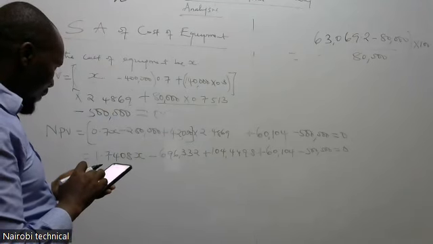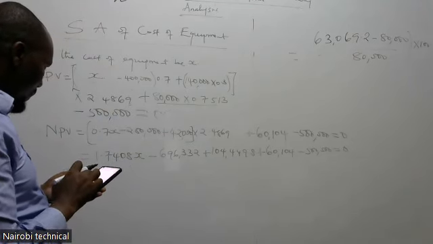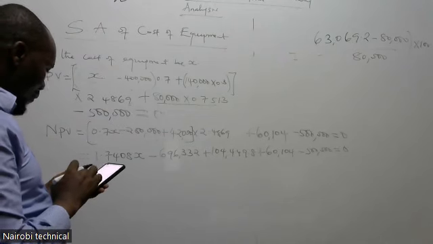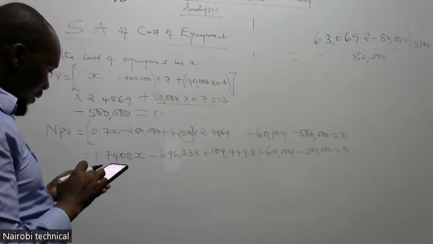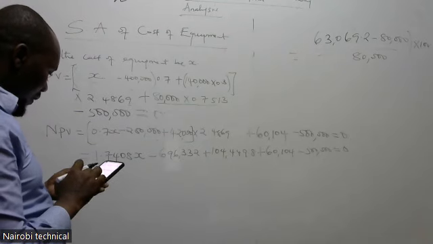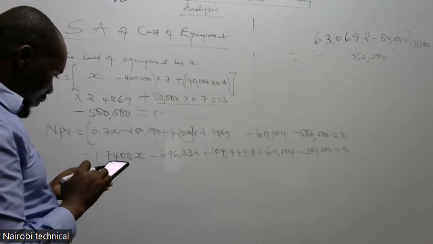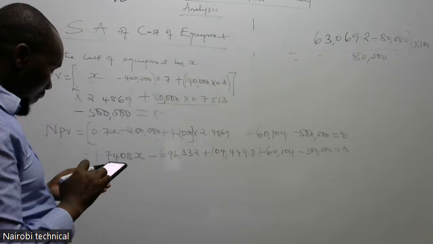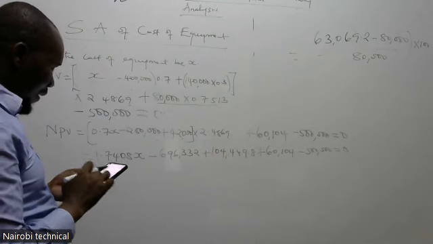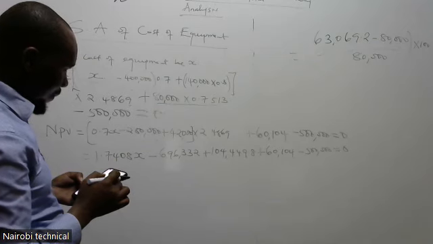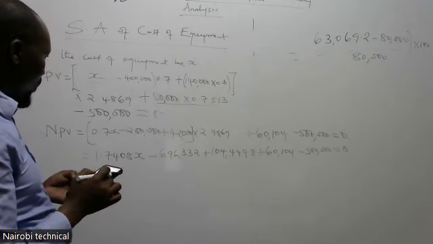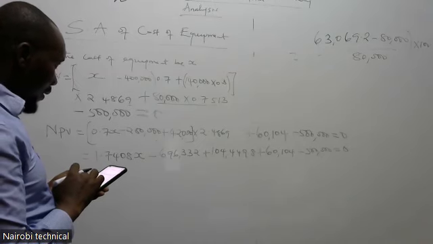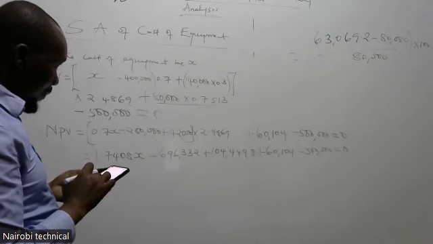So we have there 104,449.8 minus 69,632 plus 60 minus 500.